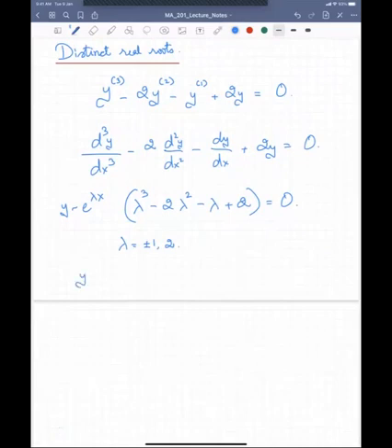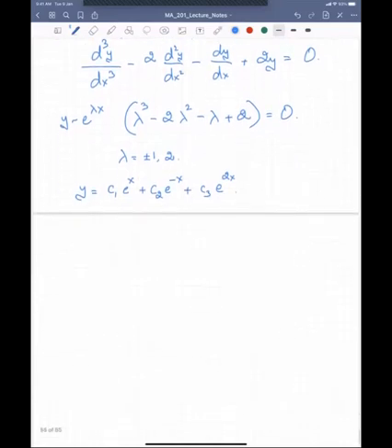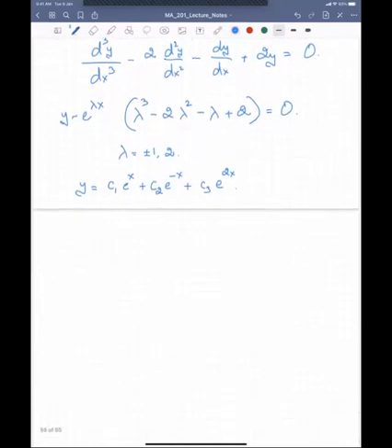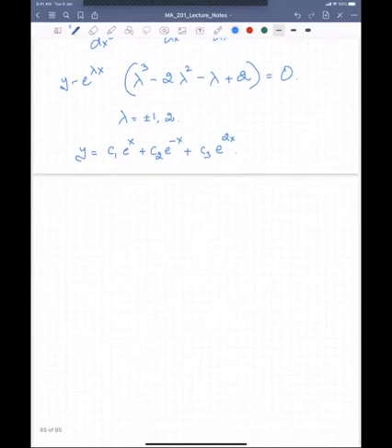In this case, I can write the solutions as C1 e to the x corresponding to lambda equal to plus 1, plus C2 e to the minus x corresponding to minus 1, plus C3 e to the 2x. So notice that all the lambdas are distinct. And in this case, the Wronskian also has a very nice form. I'll say a couple of words about this and stop.